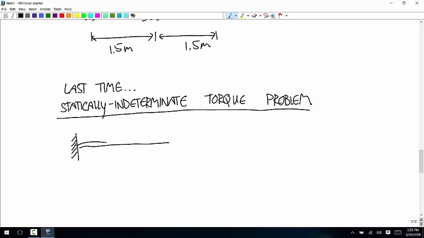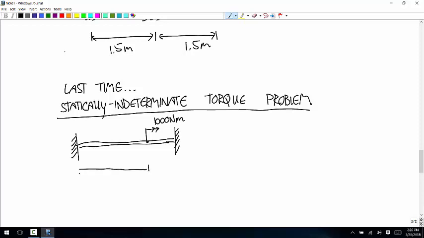There was this bar between these two fixed supports, and there was a torque one way or the other of 1,000 Newton meters, opposite way.